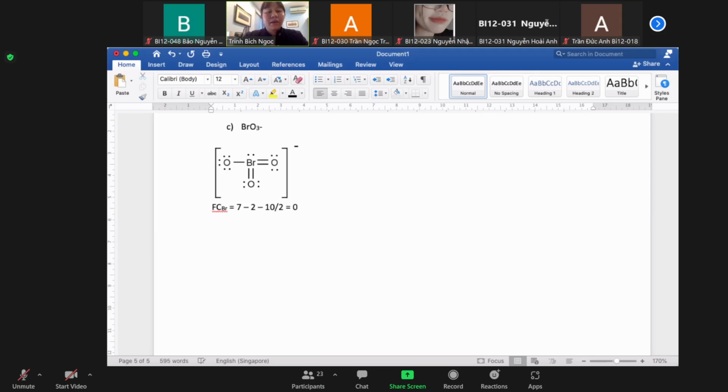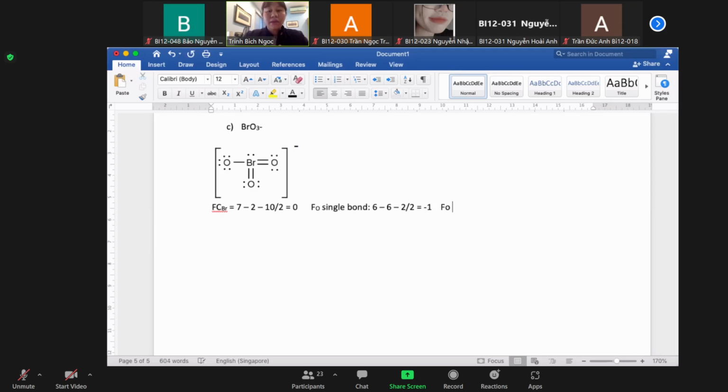For the oxygen with a single bond, it is 6 minus 6 minus 2 divided by 2, which is minus 1.